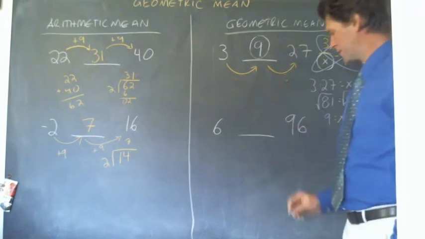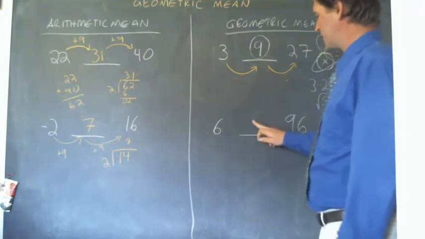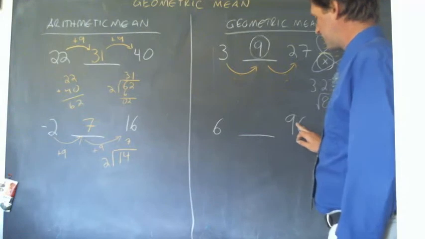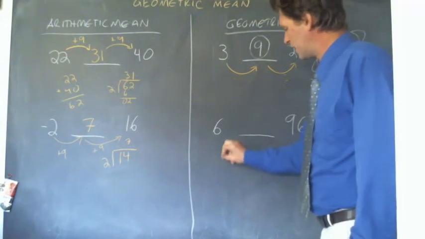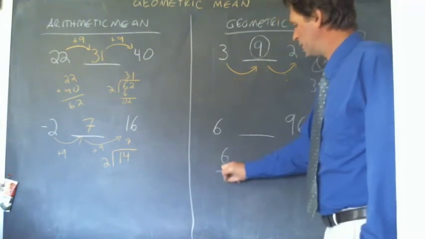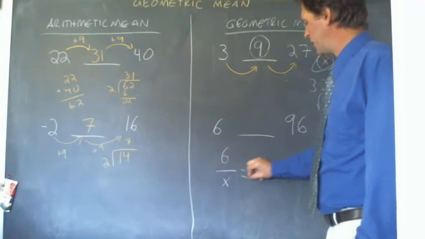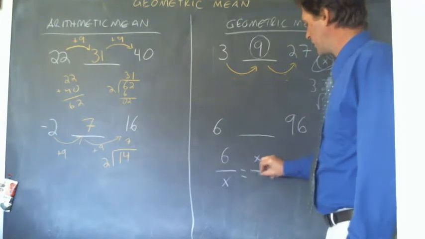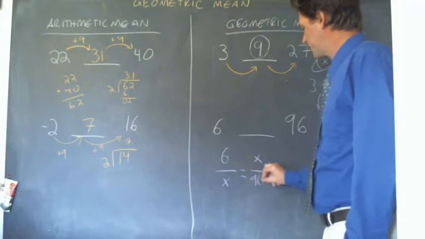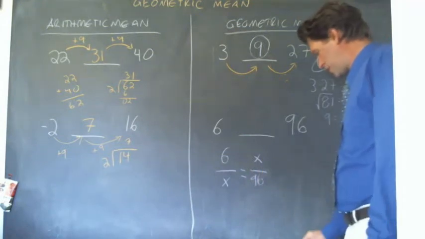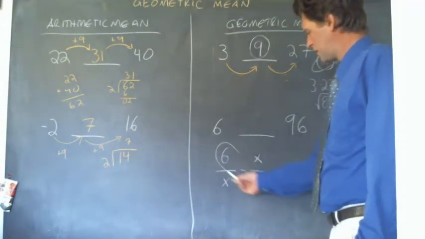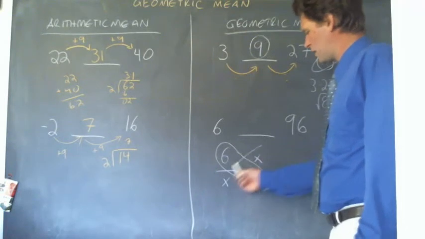Let's do it here. 6 is to this, as this is to 96. 6 is to our unknown, as our unknown is to 96. Now we cross multiply. 6 times 96 equals x times x.